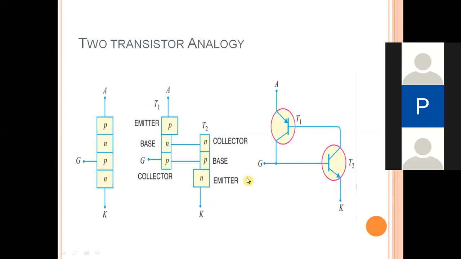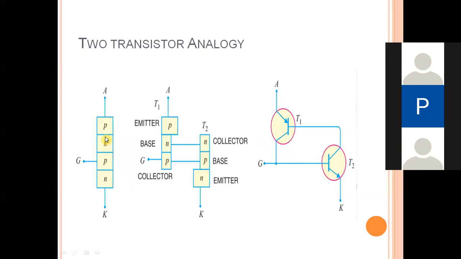So whenever you consider the two transistor analogy, what is done is that the inner two layers of the SCR are bisected vertically. As they are bisected vertically, you are going to have a PNP and again an NPN.